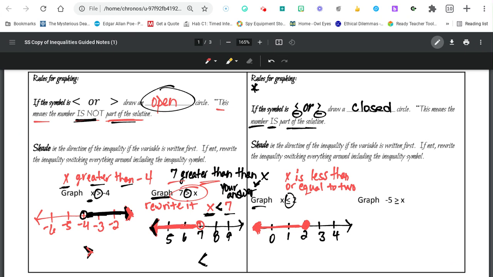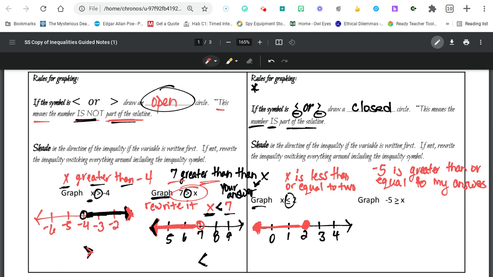All right, let's take a look at this other one. -5 is greater than all of my answers. -5 is greater than or equal to x. Because x stands for your answers, guys.